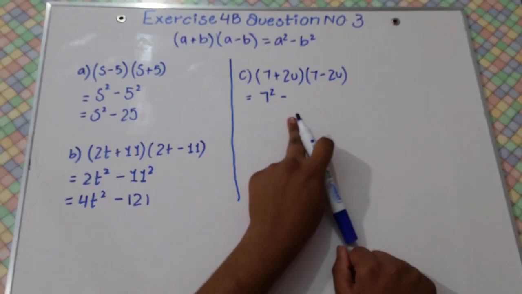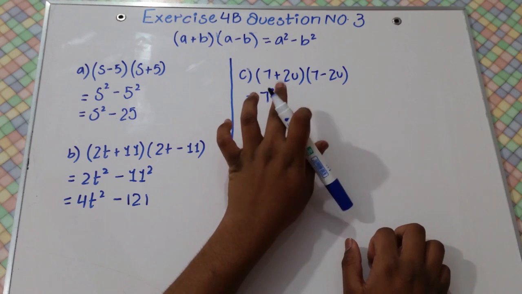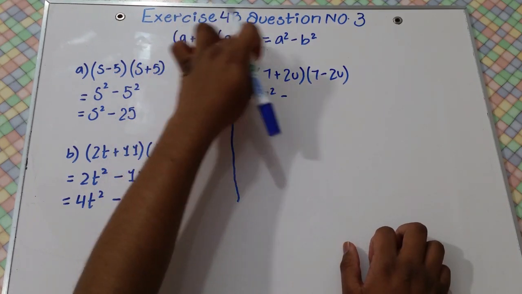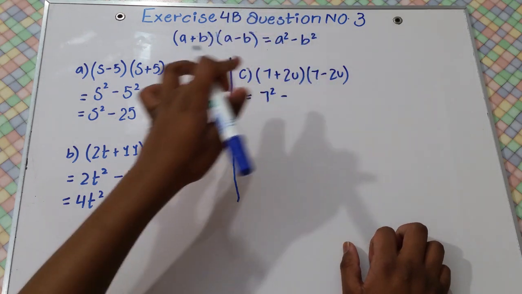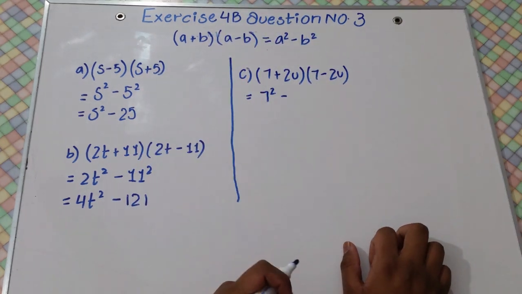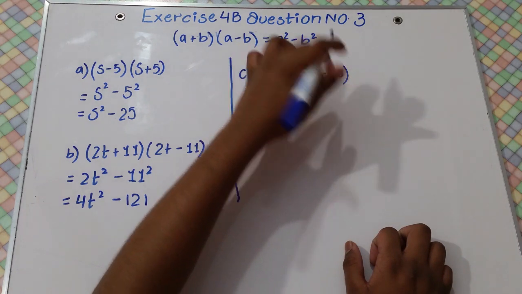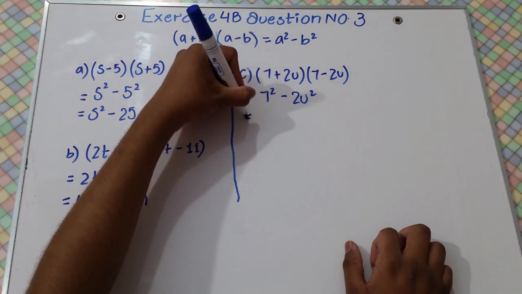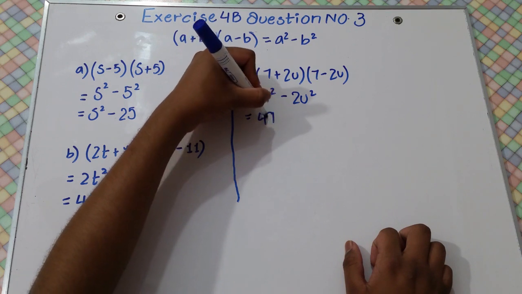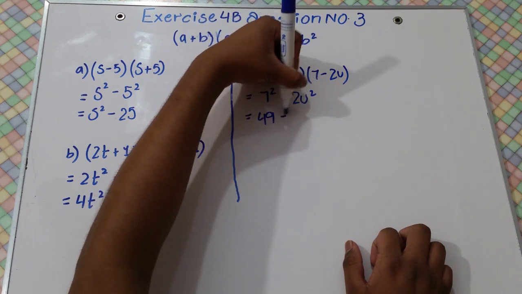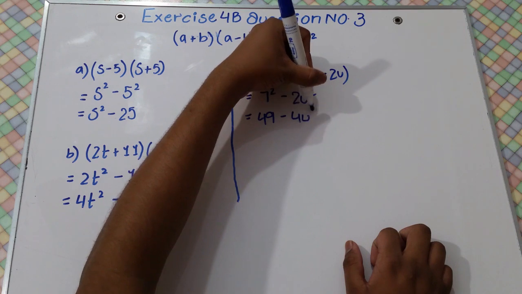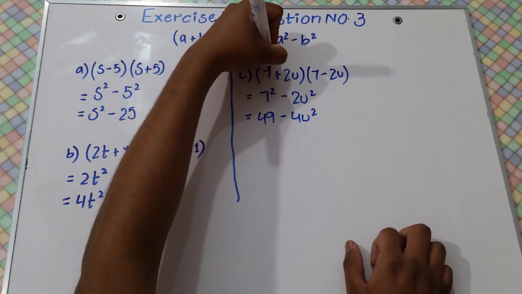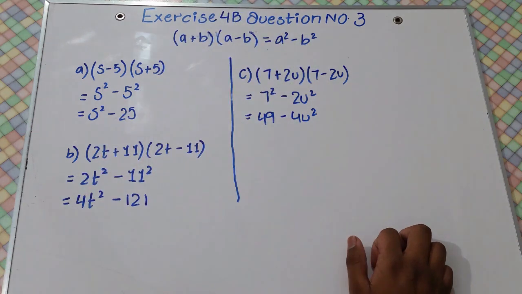Remember when we are writing in squares, in the identity it would always be a negative sign, because minus plus is minus, and we can see from the rule also of the identity which we are using. Okay, and 2u and u would be 2u square. So 7 square is 49, it would remain as it is because we have taken out the square. 2 square is 4, and u would be remaining like a square number because we don't have a square of u.